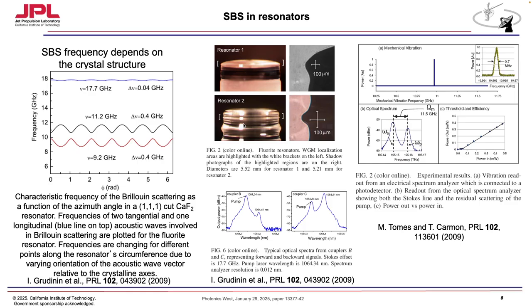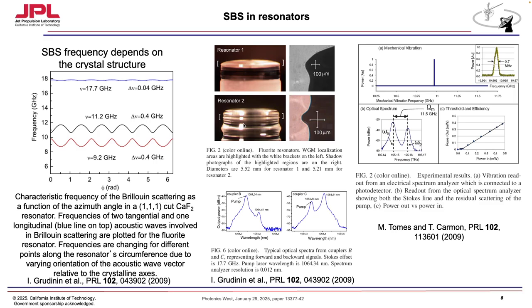In this particular case, there are two pictures that show the possibility of Brillouin scattering in a crystalline cavity. This picture uses one of the possible mechanical modes belonging to acoustic oscillation in the cavity. And those modes, in particular, I think it's calcium fluoride. Yes, calcium fluoride.